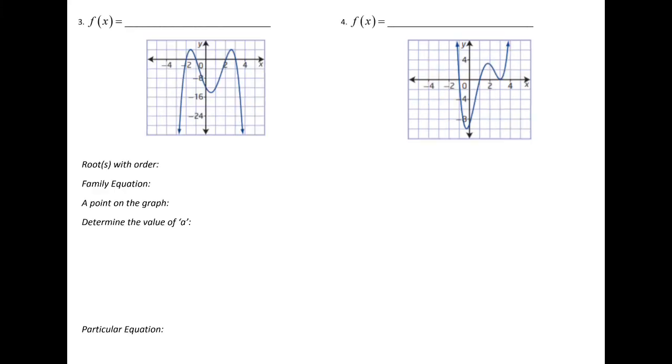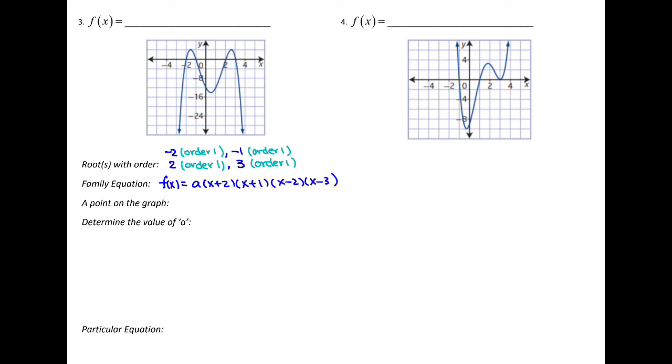Example 3. First, let's find the roots. The roots will be at -2, order 1, -1, order 1, 2, order 1, and 3, order 1. Then we can find our family equation in factor form to be f(x) equals a times (x plus 2) times (x plus 1) times (x minus 2) times (x minus 3).